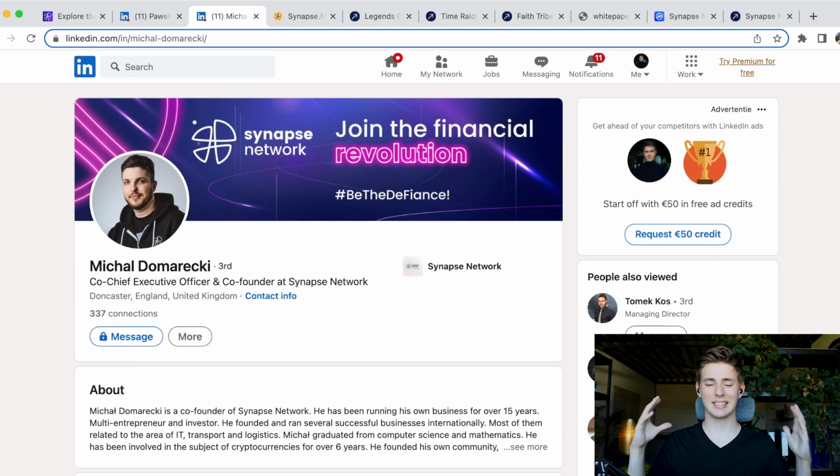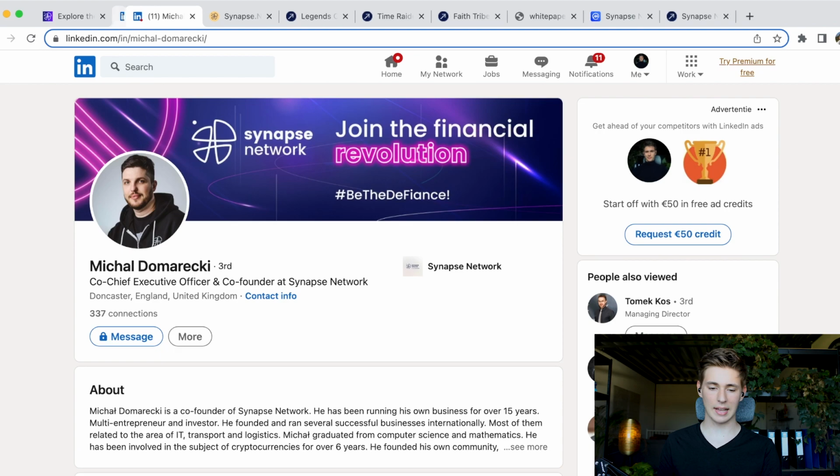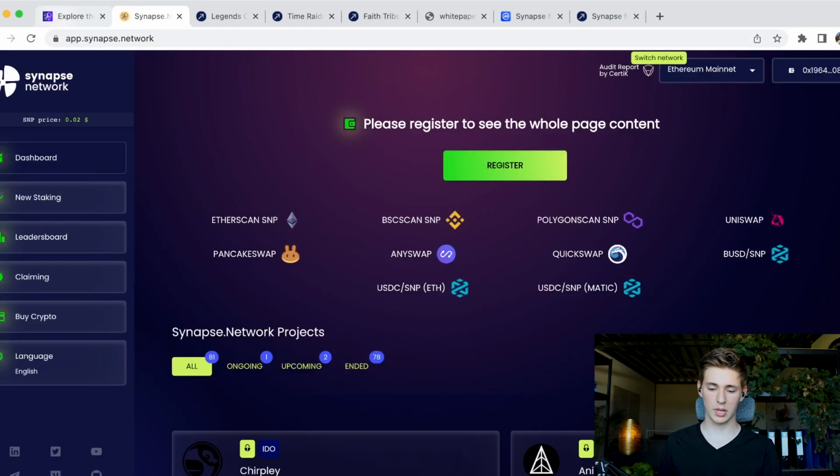But looking at the team, it doesn't make much sense. They have lots of years of experience, they are fully doxed, and they seem to be actively working on the website and the program. Now, the network itself looks good at first glance, so a rug pull, I wouldn't say that, as the team simply looks pretty okay.